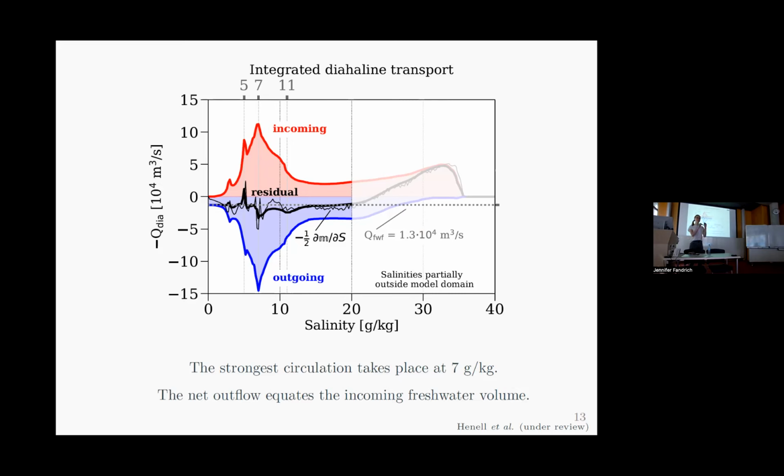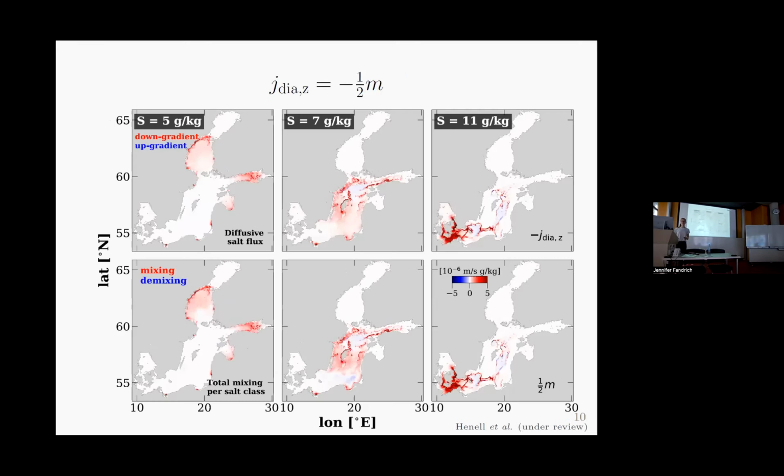But you don't only have one. So you have, for instance, 5 grams per kilogram. So you don't have the vertical direction. So it's really a surface that's kind of shaped weirdly, stretching through the Baltic Sea. But in the end, let's just go back for a second.